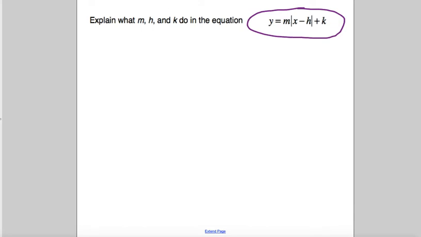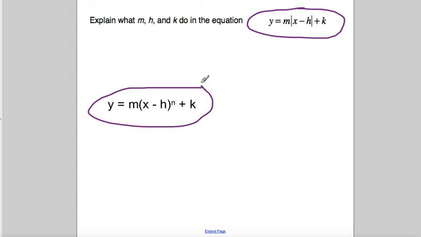And why this is really cool is if we change the equation to y equals m times parentheses x minus h to the nth power plus k, we now have an equation which can work with all types of functions.